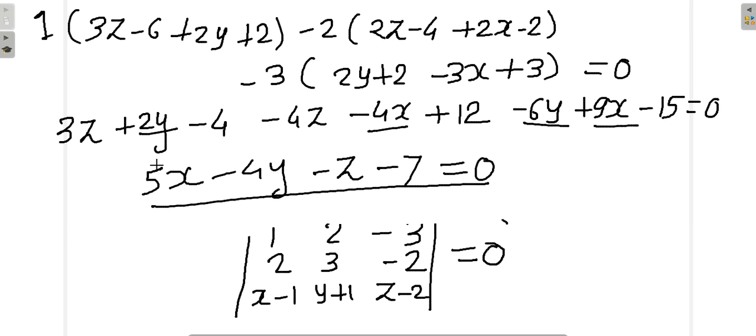So this should be your final answer: 5x minus 4y minus z minus 7 is equal to 0.